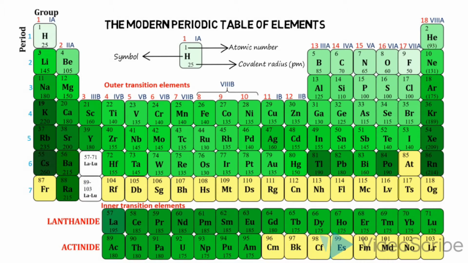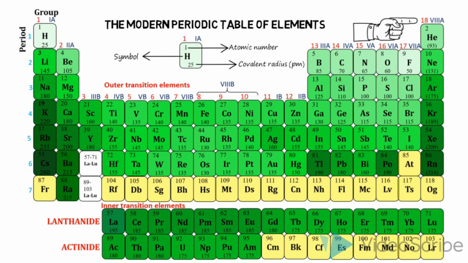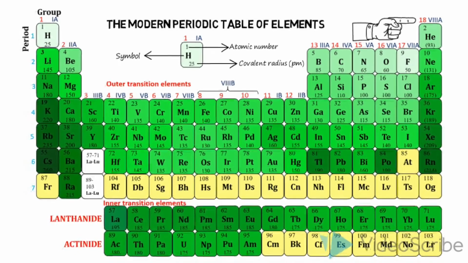The intensity of the green color from light to dark is directly related to the size of the covalent radius from small to large. In this periodic table, there are some elements whose covalent radii are not known. They are shown in yellow. The radii given in brackets are not covalent radii, but van der Waals radii. This is true for all noble gases or group 8A elements.